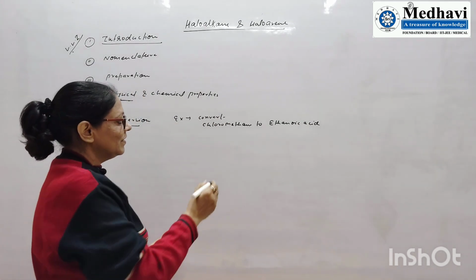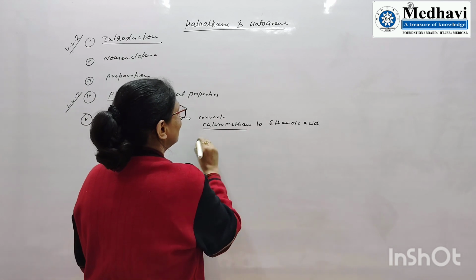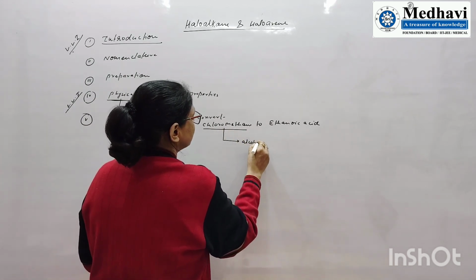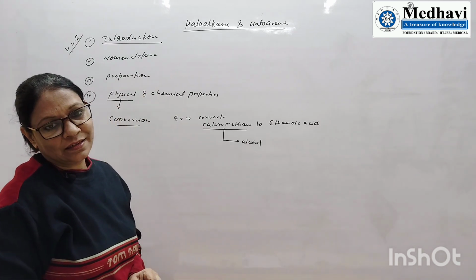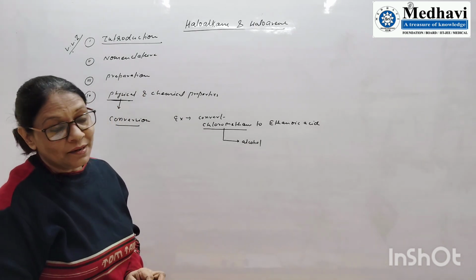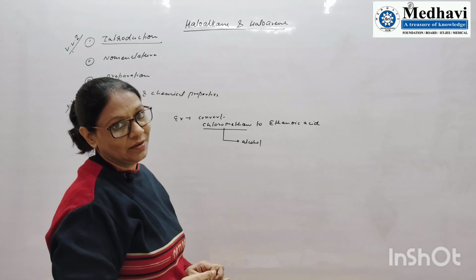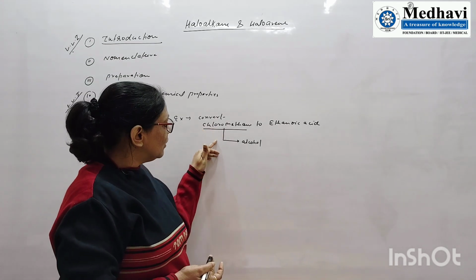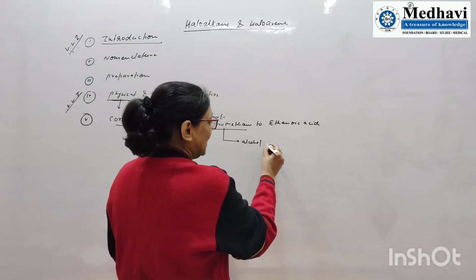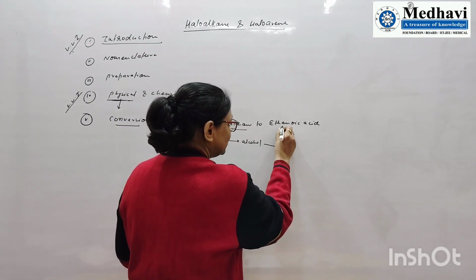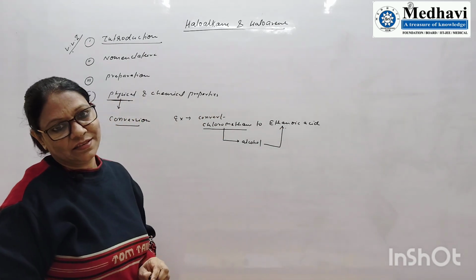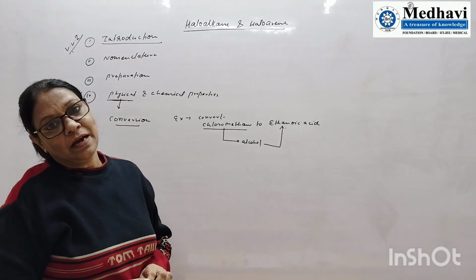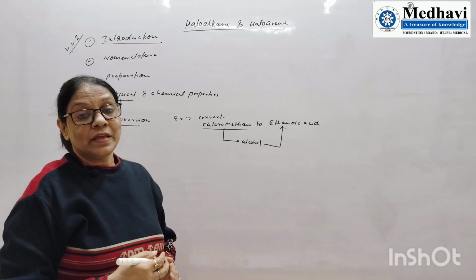Here first we have to convert chloromethane to alcohol, because carboxylic acid can be prepared by oxidation of the alcohol. So you should know how to convert chloromethane to alcohol, and then the alcohol will oxidize to give ethanoic acid.